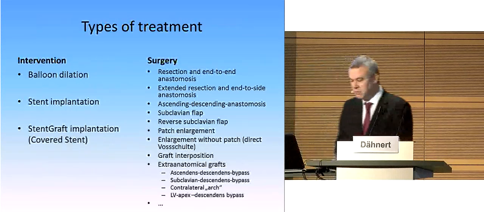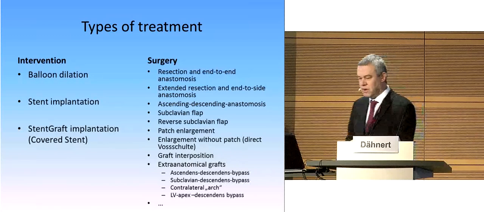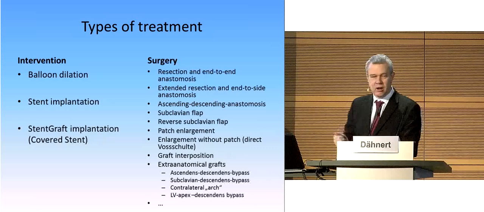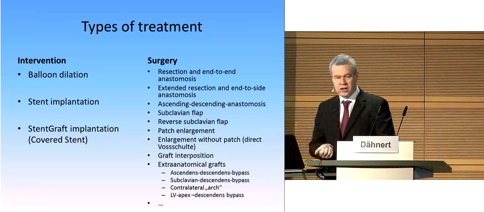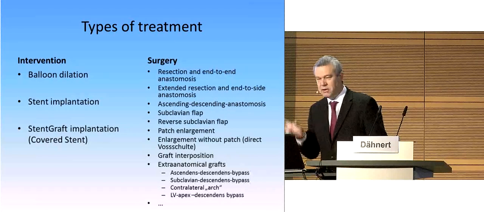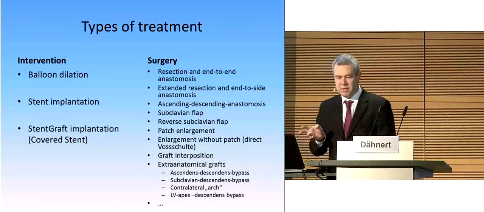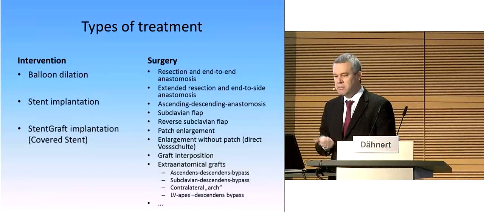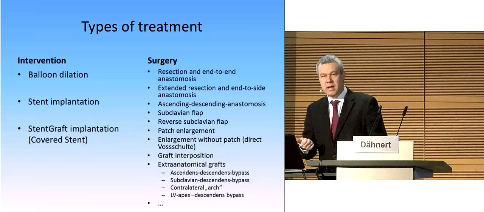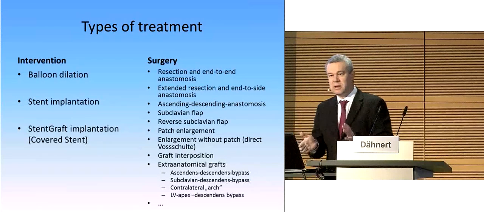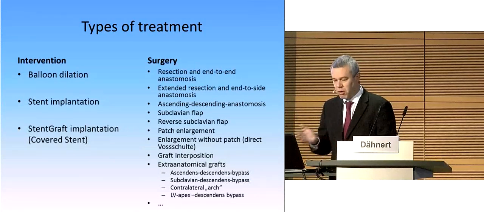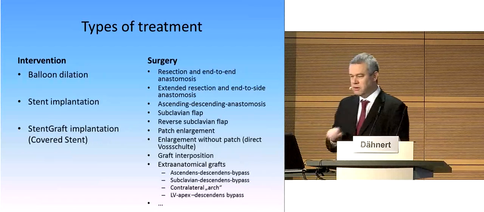The types of treatment: there are three interventions, and a lot of different surgical treatments. If you have different treatments for the same lesion, then it can have two reasons. The first reason would be the lesion is very difficult to treat, has very specific forms, and for every form you need a different treatment.